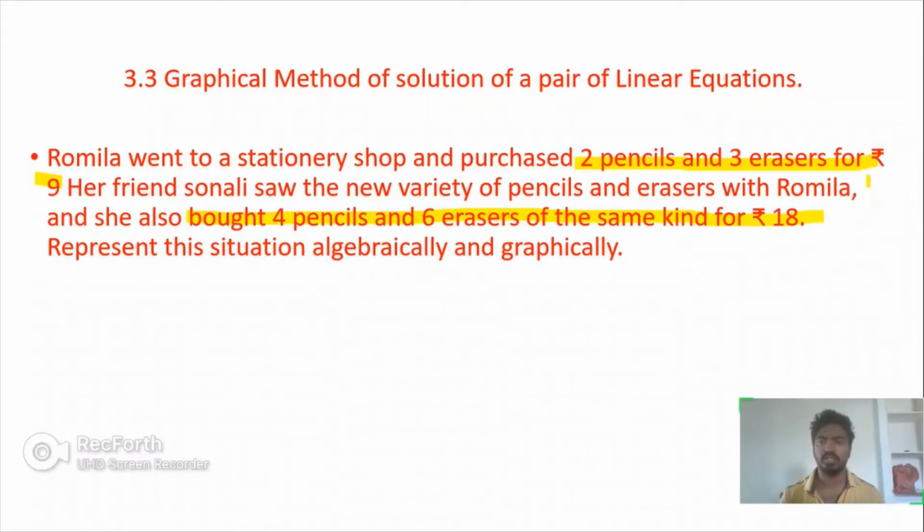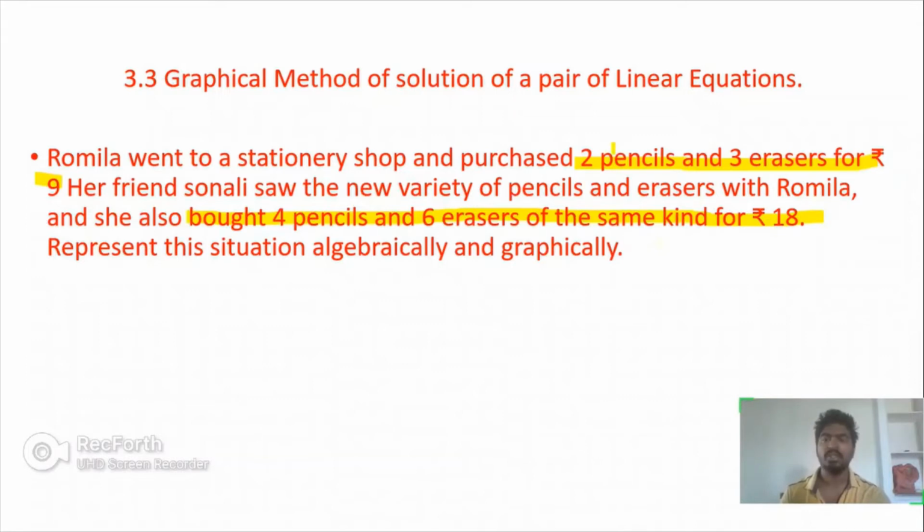Now by using these 2 conditions, we want to frame 2 equations. After framing them, we want to find the x and y values corresponding to the equations, and then plot the graph and see what the shape of the graph is.